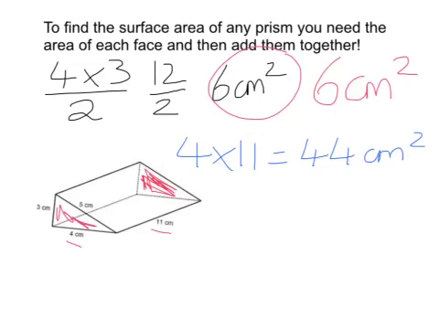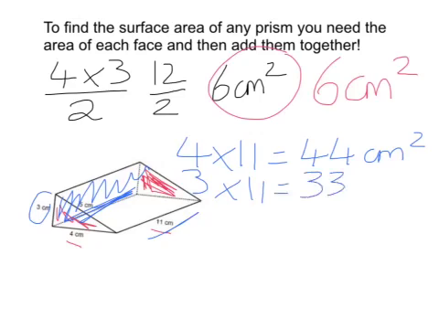If I look at the one on the left, this one here, I can see that that would be 3 times the 11. Okay, because I know the length of this shape is 11. So 3 times 11, which is 33 centimetres squared.